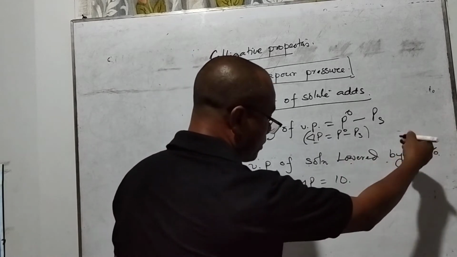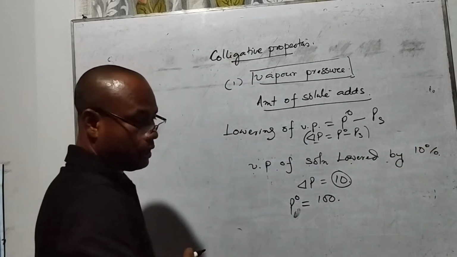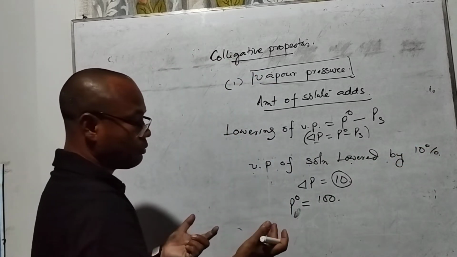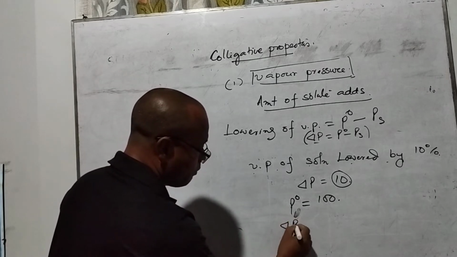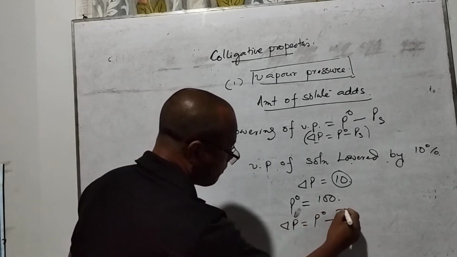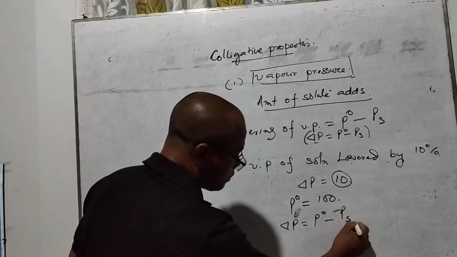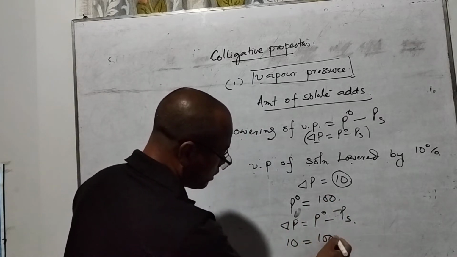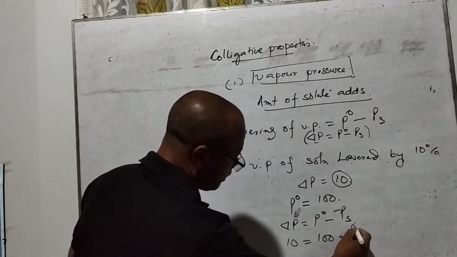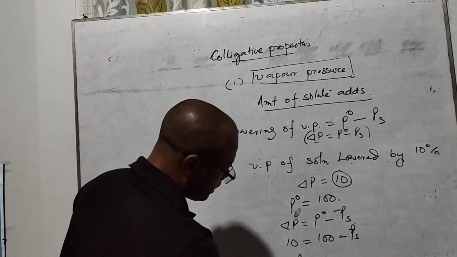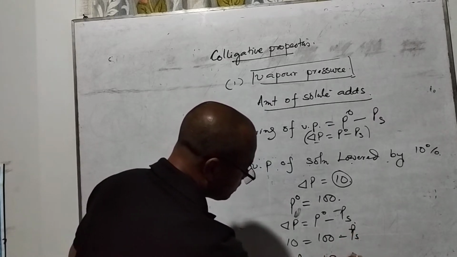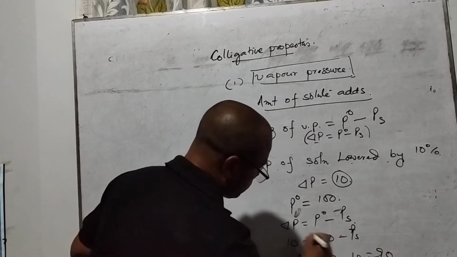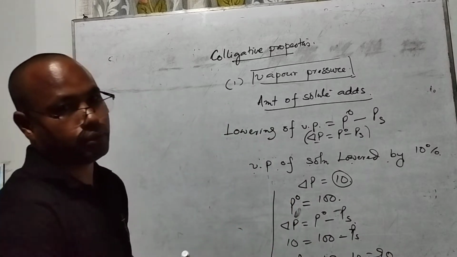Lowered by 10%, that means 10. So what will be the vapor pressure of the solution? ΔP is equal to P naught minus PS, so 10 is equal to 100 minus PS. So what will be PS? PS is equal to 100 minus 10, that is 90. This is the way we can calculate it.